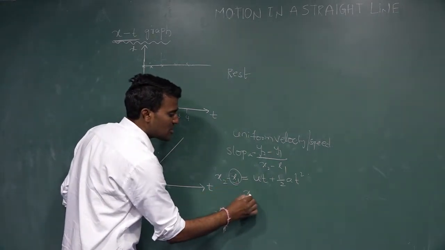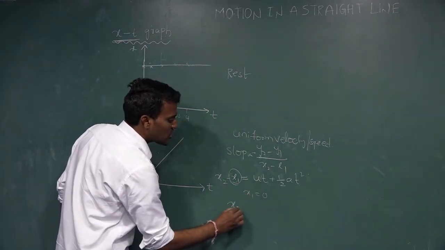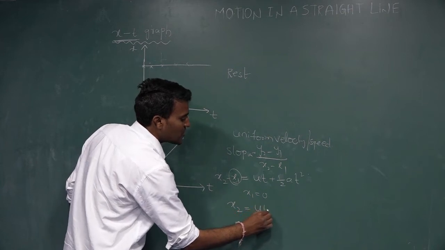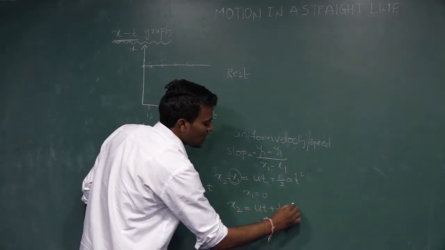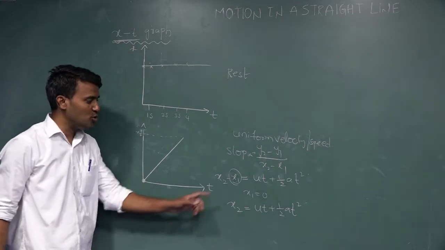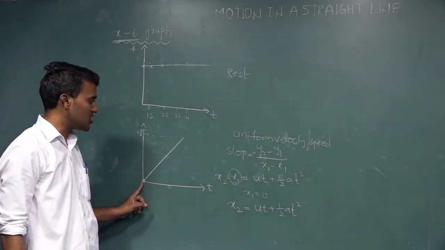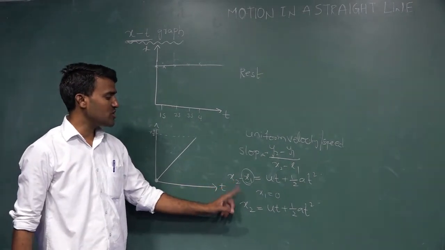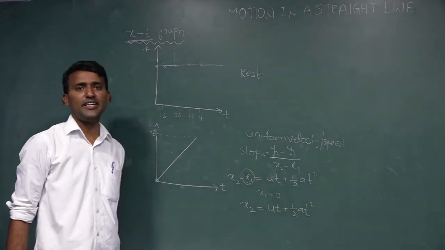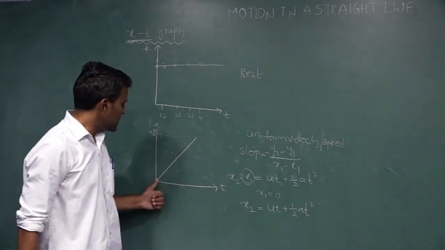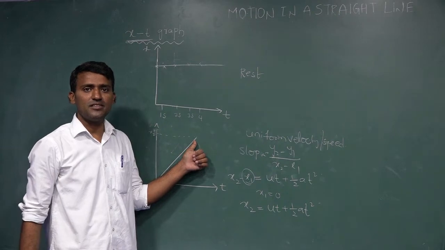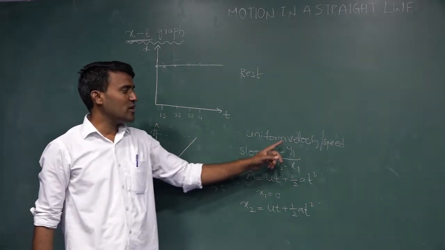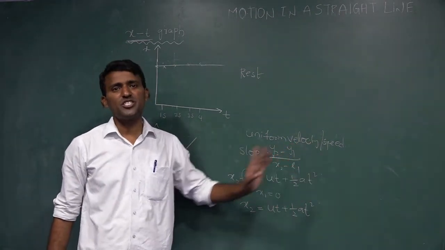So x1 is equal to 0, and this equation you can write as x2 is equal to ut plus half at square. But when the graph comes like this, that slope is nothing but a uniform velocity or uniform speed.